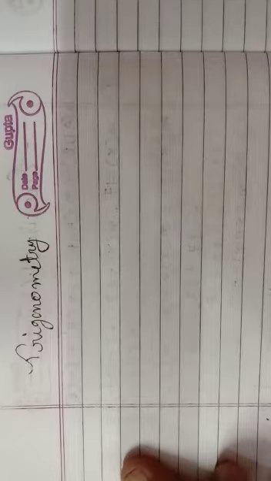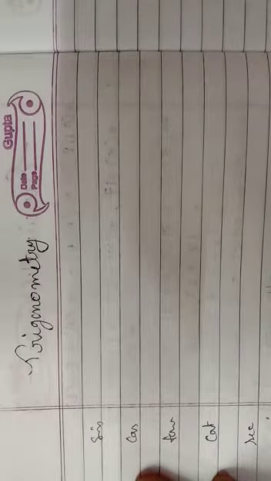Dear students of class 11th, today I will start the exercise on trigonometry. It is a very interesting exercise, however it consists of many formulas. Earlier you have studied the values of sine, cos, tan, cot, sec and cosec.